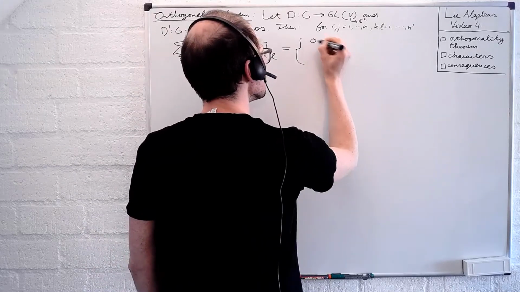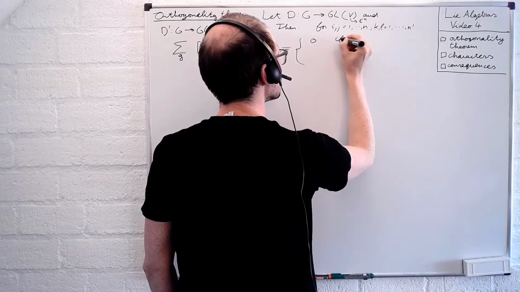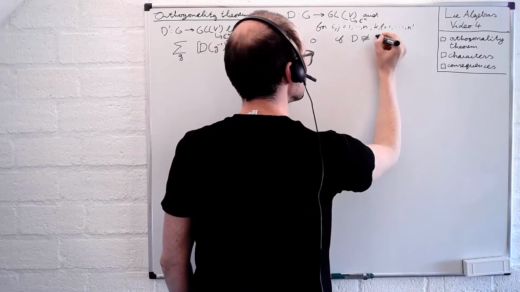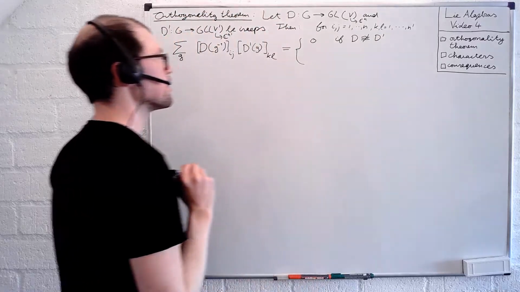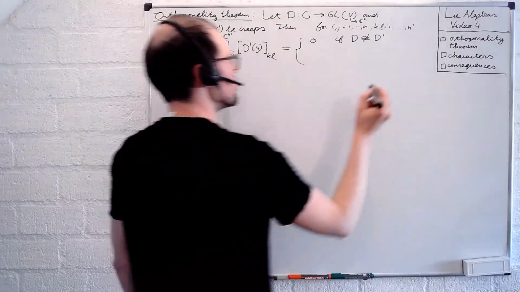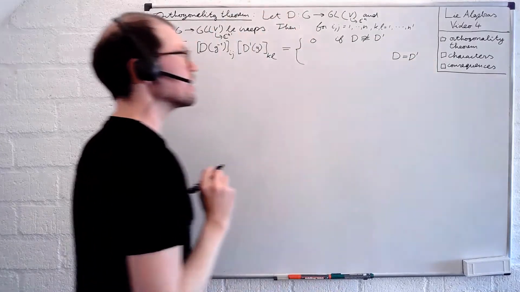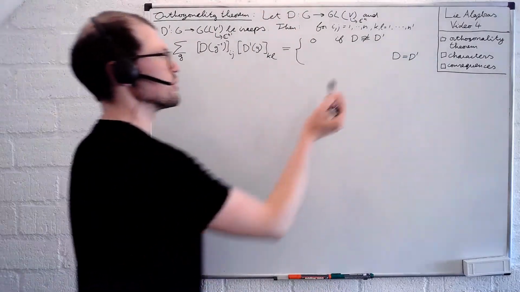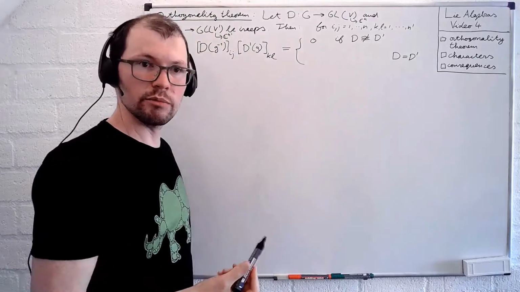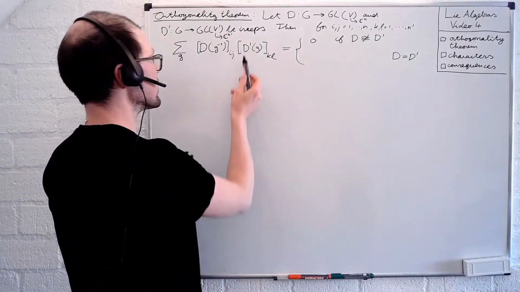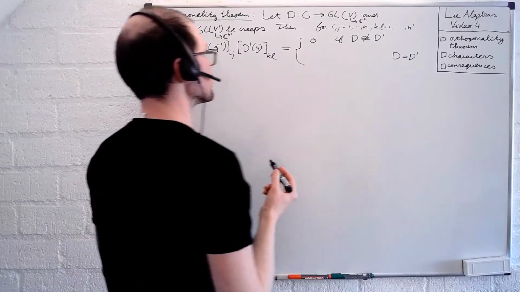So it's equal to 0 whenever D is not equivalent to D prime, and whenever D and D prime are the same, so not just equivalent but exactly the same representation, then here I essentially get a square of a matrix element.